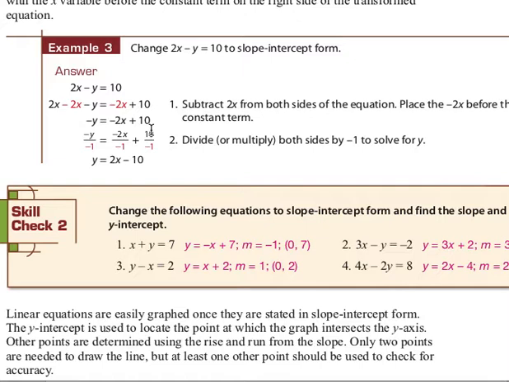We like to just see a plain y. So you can divide everything by negative 1, or multiply everything by negative 1, or just make everything the opposite. I just needed to see y is equal to 2x minus 10. In this case, they divided each side by negative 1. Again, it doesn't matter if you divide or multiply. Everything just needs to be the opposite of how it is right here.